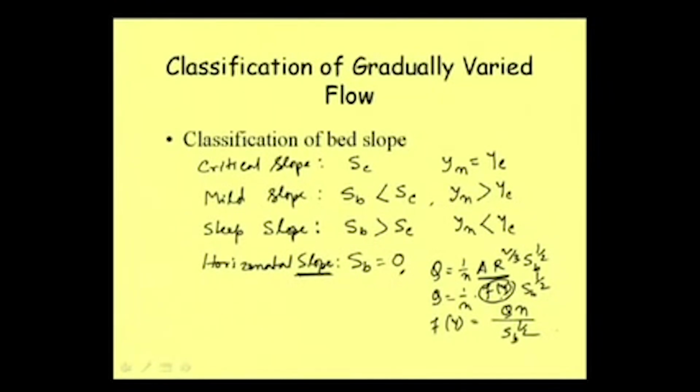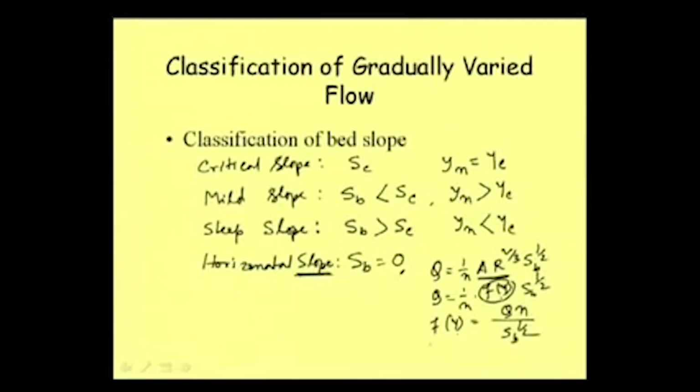If we cannot separate out this part, then definitely we will require a trial and error procedure, depending on the channel type. If it is a wide rectangular channel, we can get it very easily. Of course, that I will show you later.